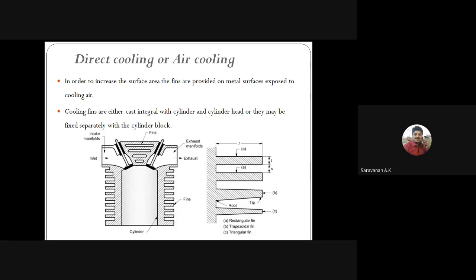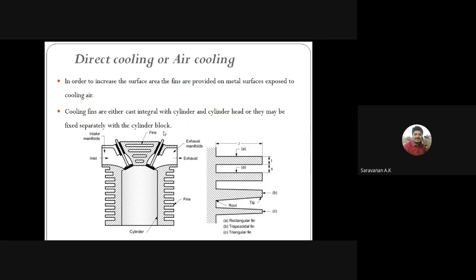We have to increase the surface area of the fin. Then the contact surface with the atmosphere is more, so the heat will be dissipated in an easy manner.